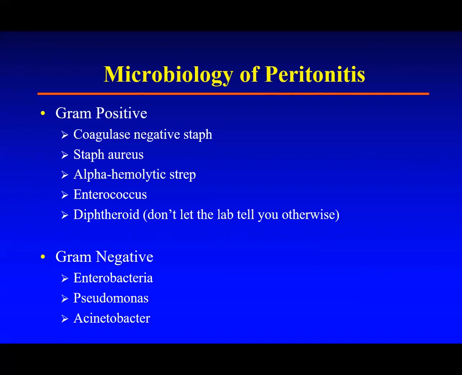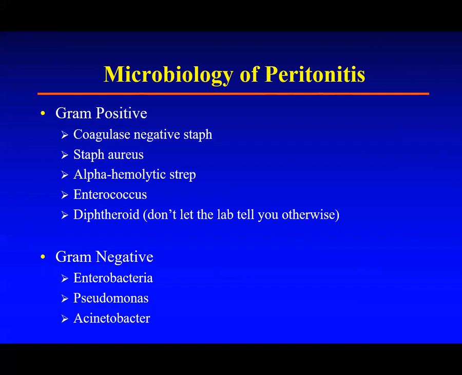The gram-positives are most commonly coagulase-negative staph, Staph aureus, strep, enterococcus, and there are diphtheroids. There are Corynebacteria that are pathogenic, and if that's what you grow from the fluid of a patient who presented with symptoms and had an elevated white count with polys in the fluid, it is pathogenic.